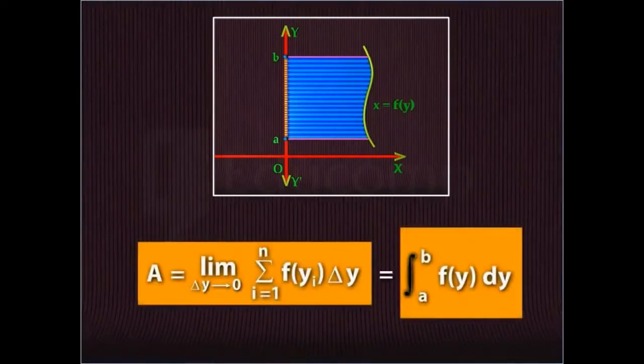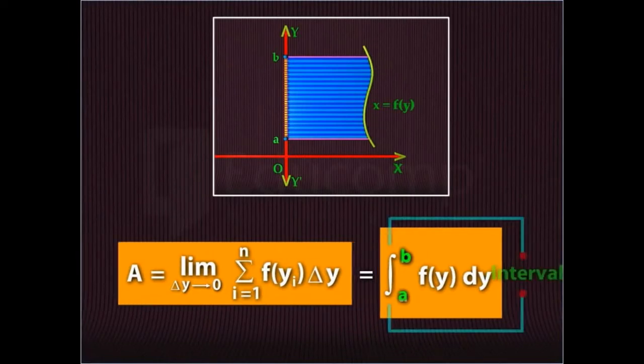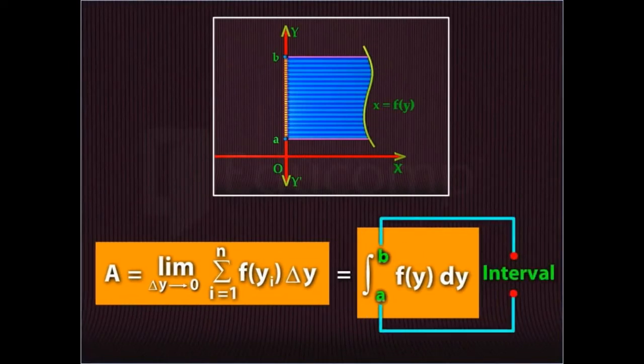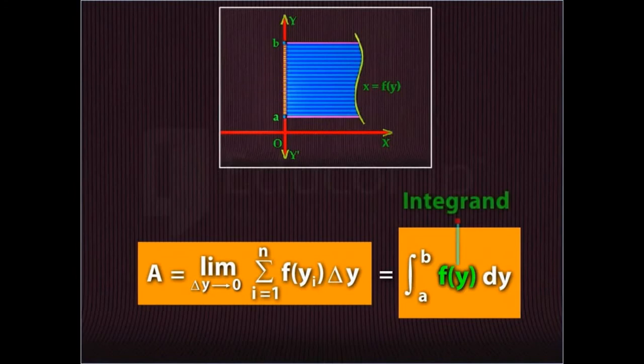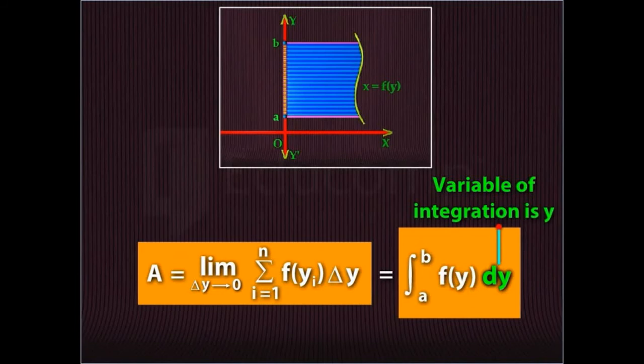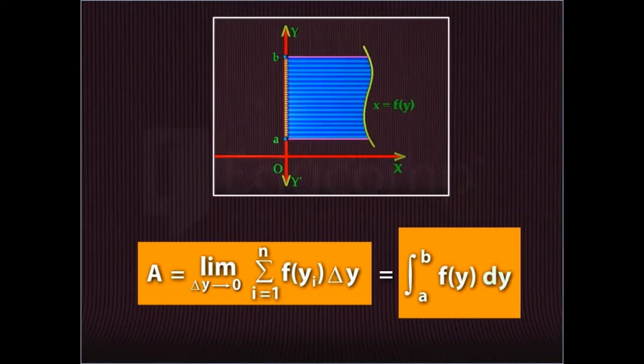Here, the integral sign stands for the limit of a sum, and the numbers at its top and bottom specify the interval over which the areas of the rectangles need to be added. f of y is the integrand and dy represents that the variable of integration is y.